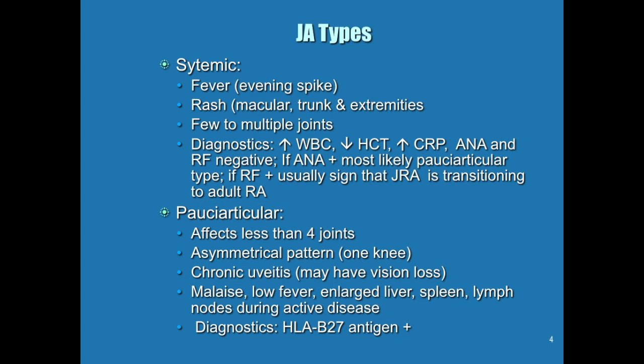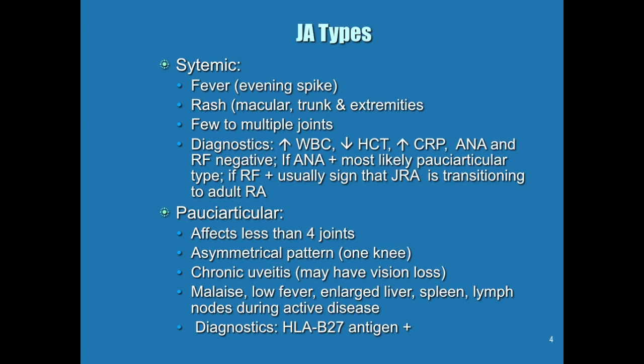Pauciarticular juvenile arthritis affects less than 4 joints, and it's in an asymmetric pattern. Typically, rheumatoid arthritis is symmetric joints, but in this pauciarticular type, it's only going to be one knee, one wrist, one elbow. They also have chronic uveitis, and this is one of the most dangerous aspects of it because it can lead to vision loss.